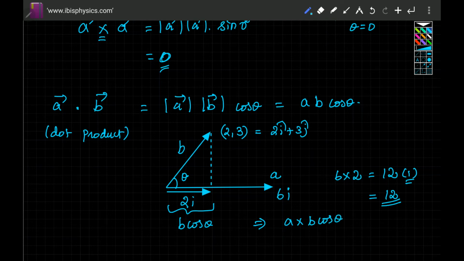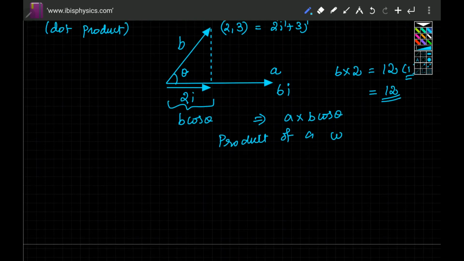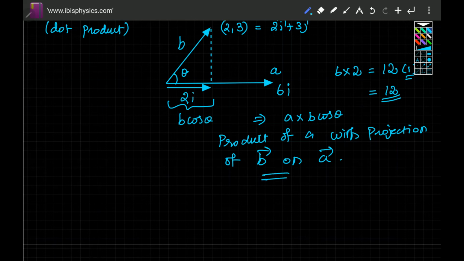We call this product of A with the effect of B on A the projection of B on A, B vector on A vector. That's what the dot product is. So dot product is a scalar.